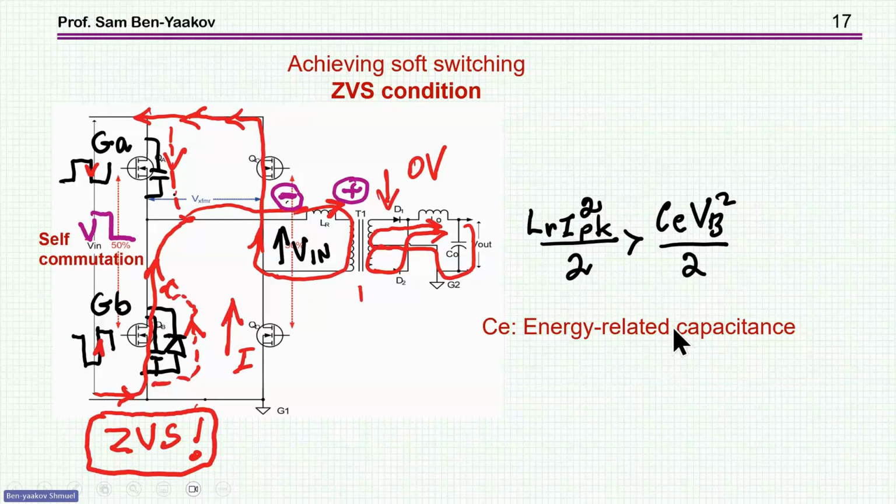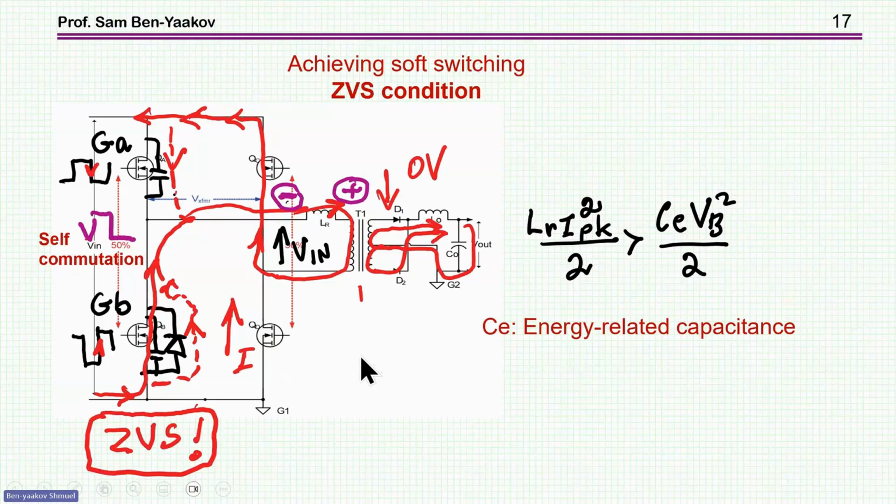Now I've written here C_EV_B squared, and this is the total capacitance. Now these capacitors are non-linear, and it's not just a capacitance at one point, because what is usually given is the small signal capacitance or differential capacitance. We are talking here about a parameter that is called energy-related capacitance.